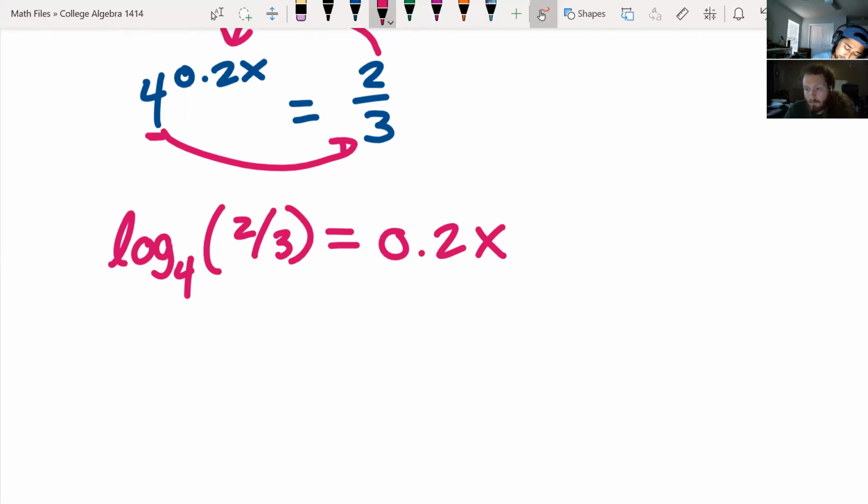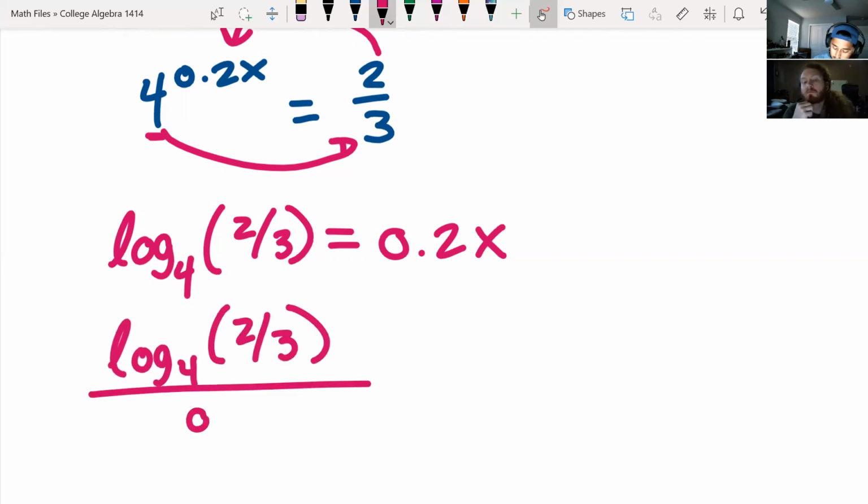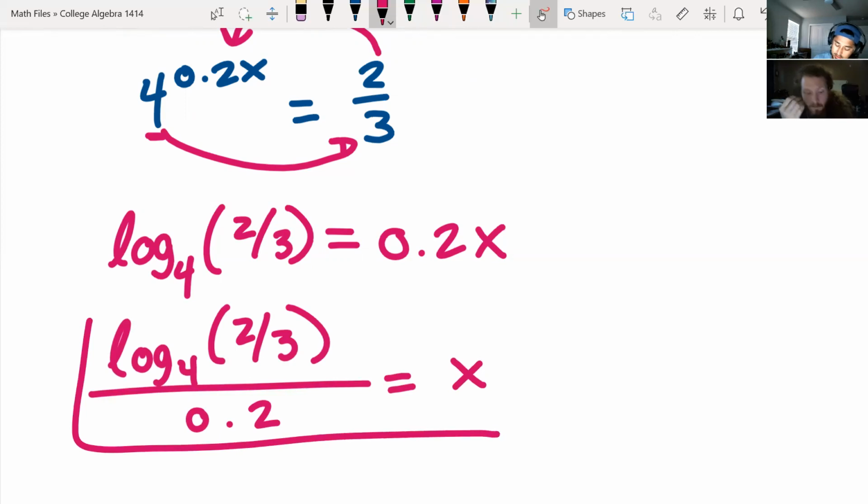Well, one answer, if it'll let you, is log base 4 of (2/3 over 0.2) equal to x. So that's definitely an answer.